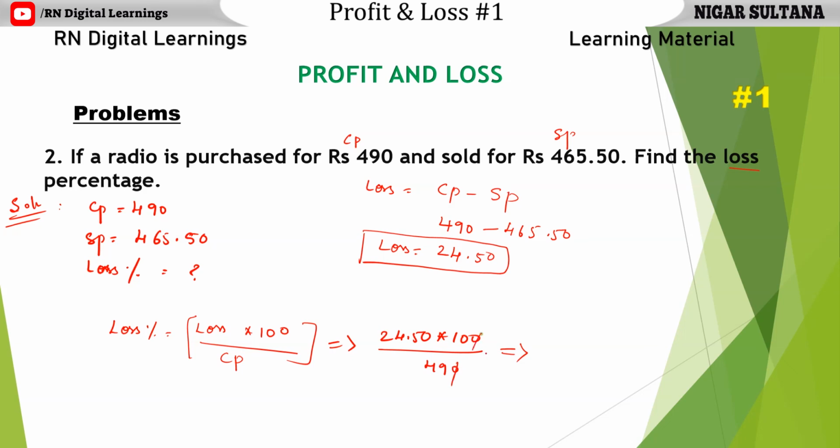This 0 and this 0 get cancelled. This is 245 by 49. When we divide, it is equally divisible by 5. So the loss percentage is 5%.